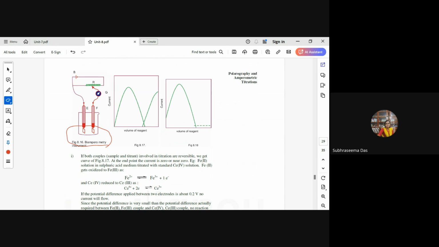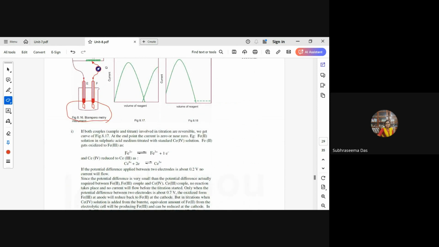At the end point, the current is almost zero. For example, Fe2+ solution in sulfuric acid medium is titrated with standard Ce4+ solution. Here the Fe2+ gets converted to Fe3+ and Ce4+ takes up an electron, that is, it is reduced to Ce3+.